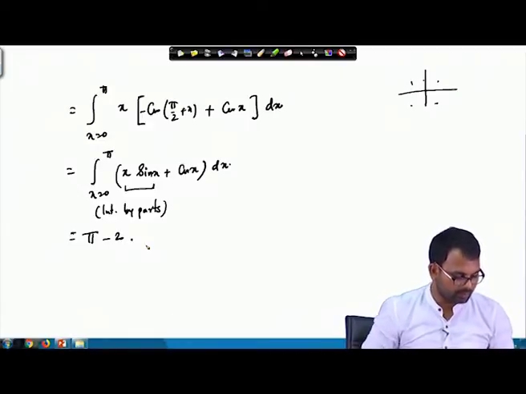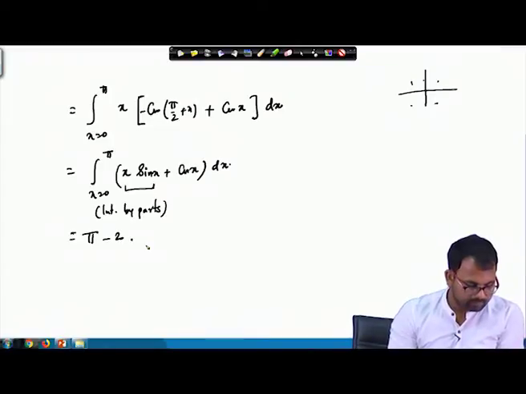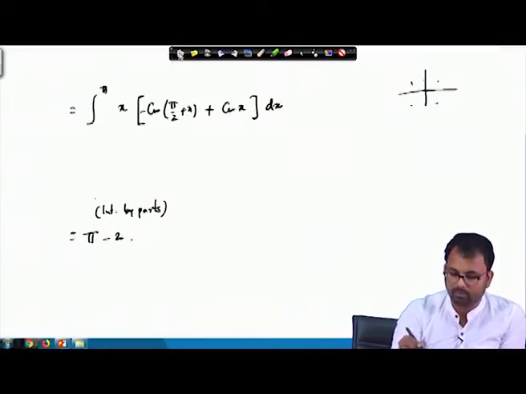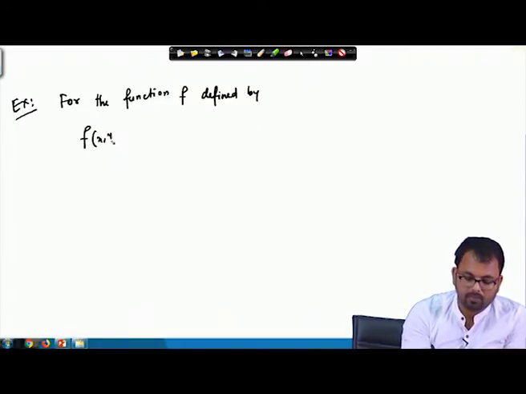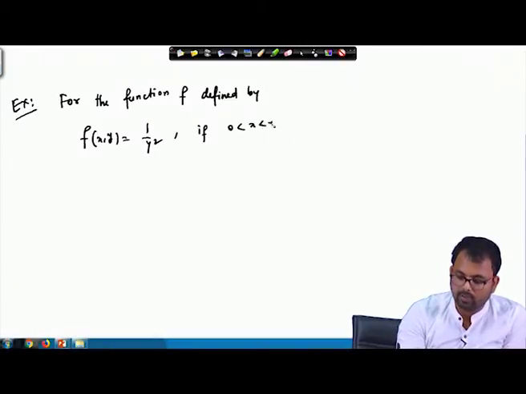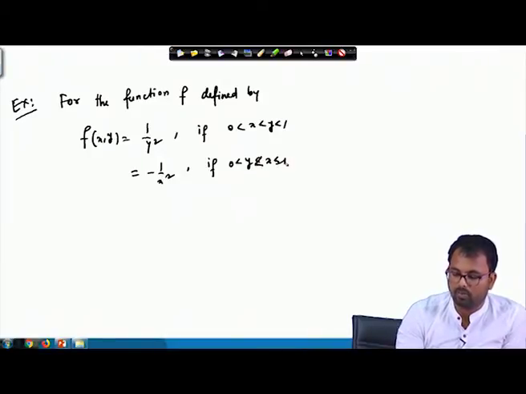Our next example is for the function f defined by f(x, y) as 1 by y square if 0 less than x less than y less than 1, and equals to minus 1 by x square if 0 less than y less than x less than 1.